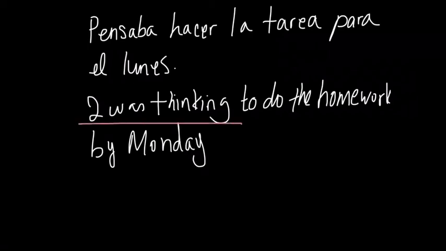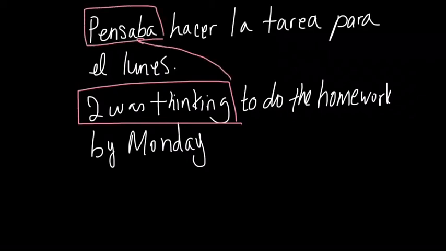So notice that when in English you use the past progressive, I was thinking, in Spanish you need the imperfect, pensaba. And now, the equivalent of para is by in this context, because I'm giving the deadline of when I will have expected to finish my homework.